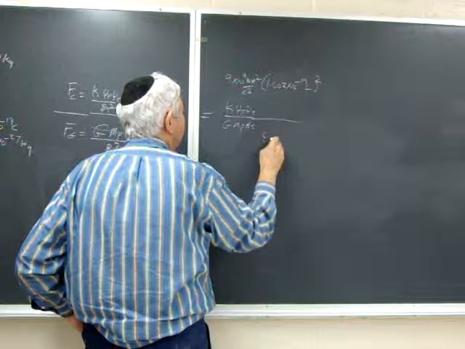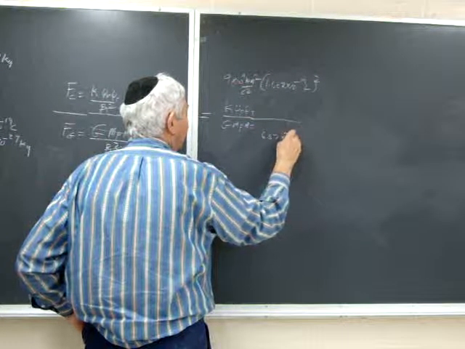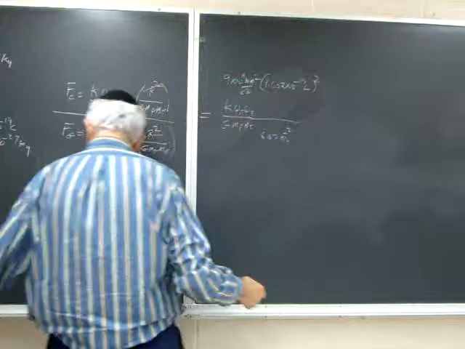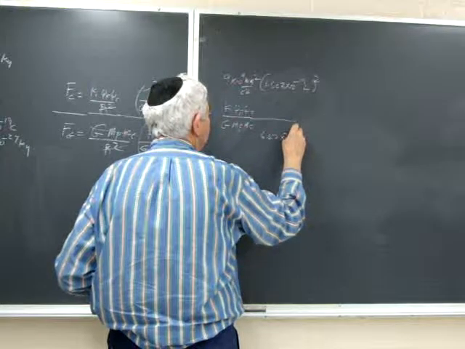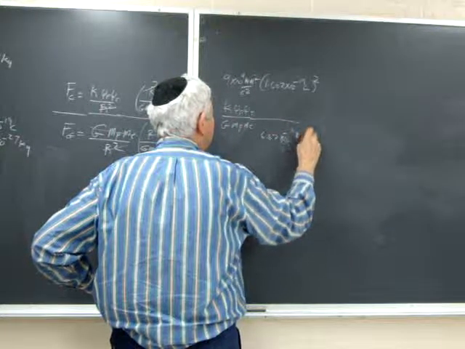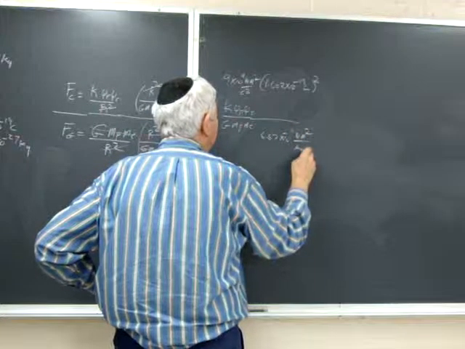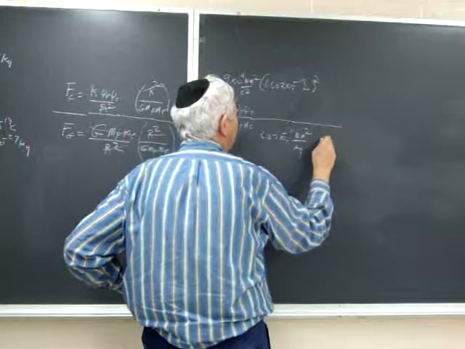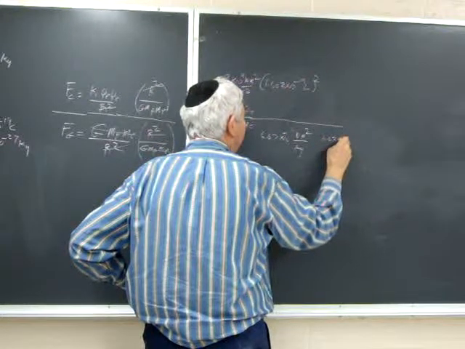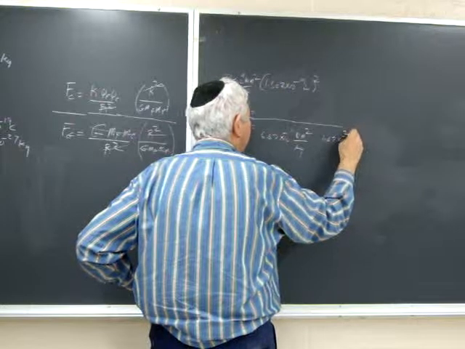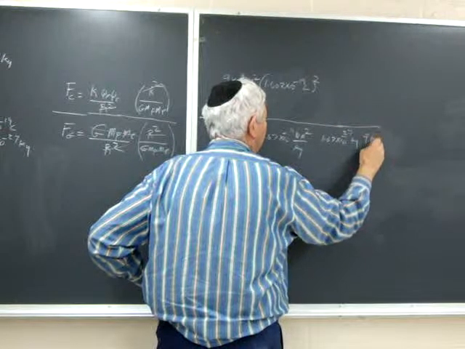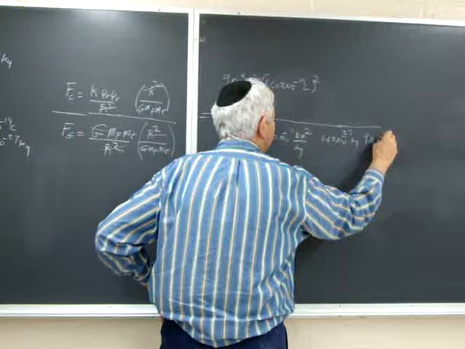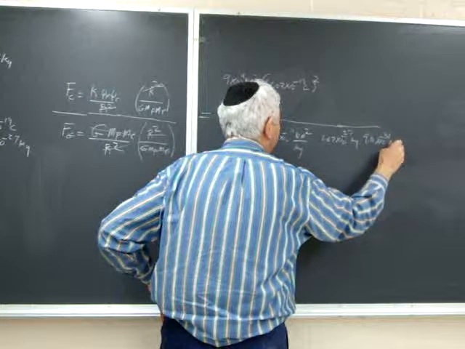G is 6.67 times 10 to the minus 11 Newton meter squared per kilogram squared. And the mass of the proton is 1.67 times 10 to the minus 27 kilograms. And the mass of the electron, 9.11 times 10 to the minus 31 kilograms.